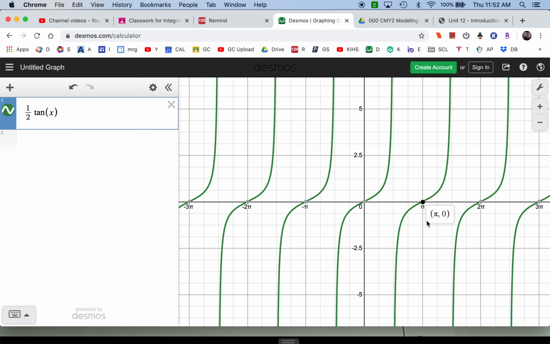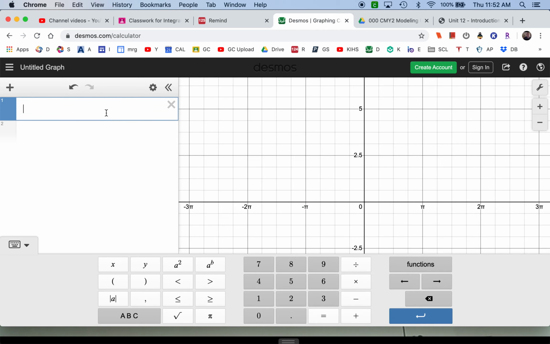Number 18, I have a piecewise, so I need to type it in 2 boxes. Type it correctly. So I have f at x equals x cubed plus 9, and that is valid when x is less than or equal to negative 2.